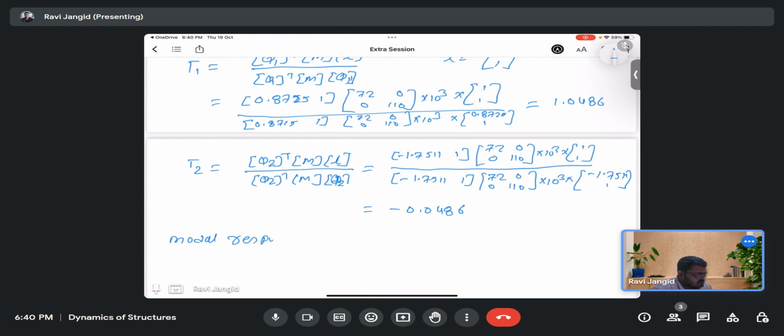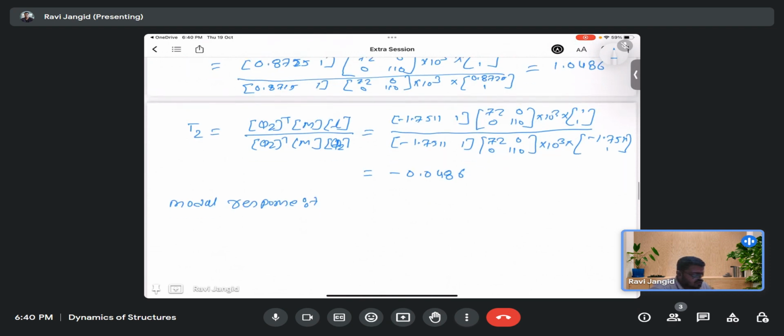Okay. So now you can find the modal response. Your Q1 would be gamma 1 times D1. Your gamma 1 is 1.0486, and your D1 is 0.07535. So you will get 0.07901 meter.